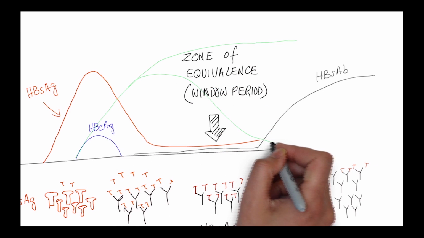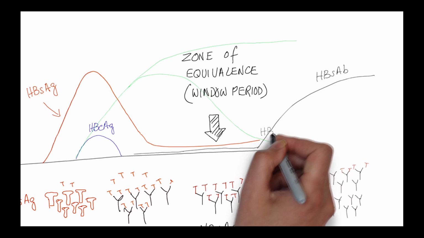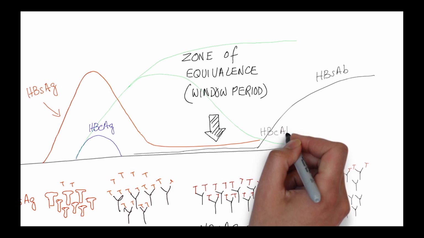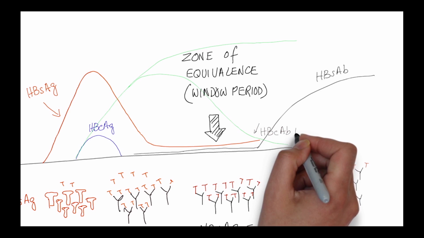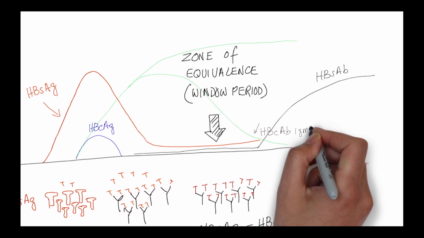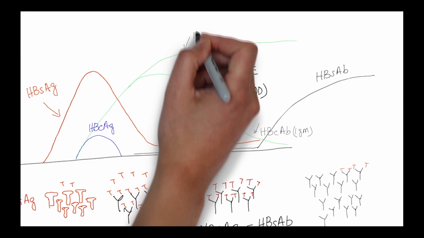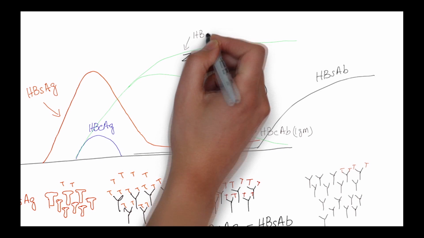Then you would see hepatitis B core antibody type IgM reduce. So imagine if there were 5 IgM type and 5 IgG type, so the total was 10. So now 5 will drop off.